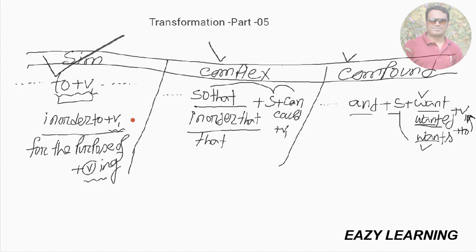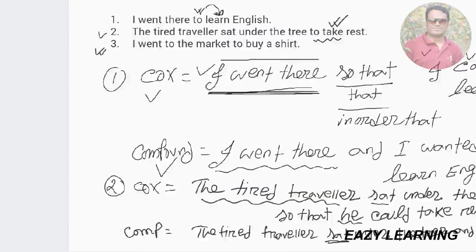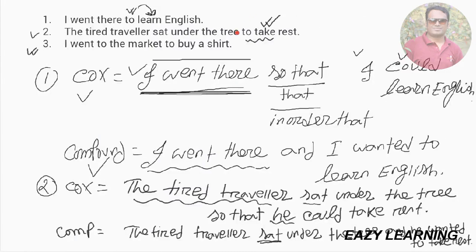For that you have to follow these structures. This structure is very important for you, and according to this structure you will solve this problem. Already I have done it.